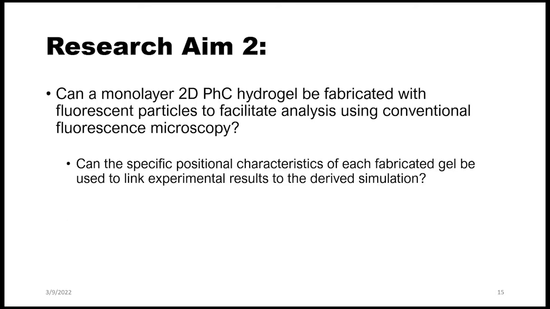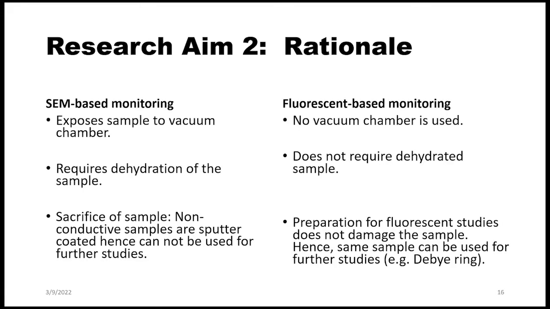So the next question was, can we fabricate a gel with fluorescent particles, so that we can use a conventional fluorescent microscope to analyze its structure? So why do we want to use a fluorescent-based microscope?